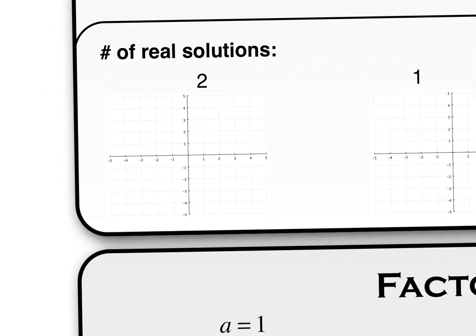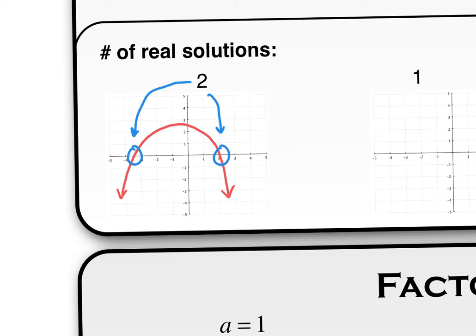Your sketch can look anything at all like you want as long as it crosses the x-axis twice, like this. Okay, it doesn't matter where your parabola crosses, but notice here, we have 2 solutions. We have 2 real solutions because the parabola crosses the x-axis twice.